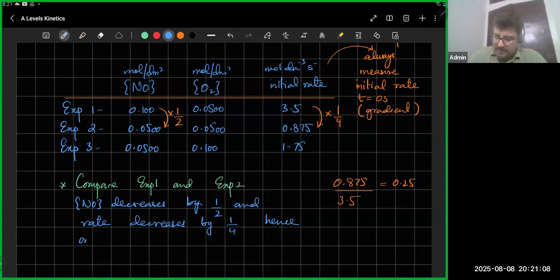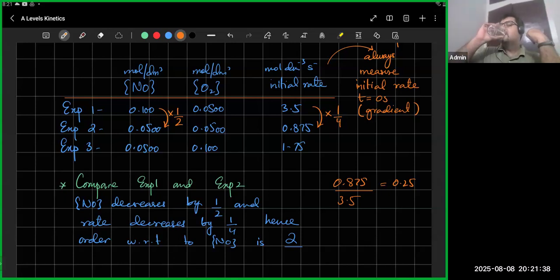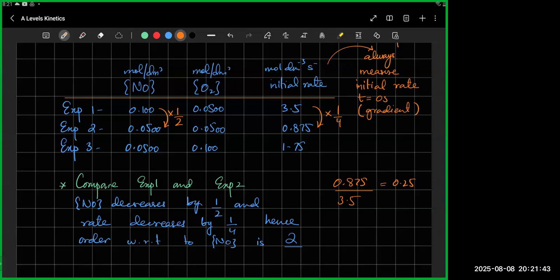Hence, the order with respect to NO's concentration, the effect that NO is having, that's order 2. Okay everyone, is this clear? Is it clear for everyone how the order was found? Can you hear me upstairs? Yes, sir.